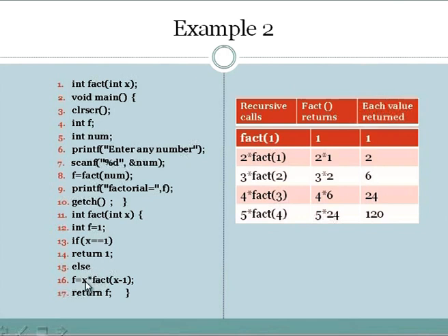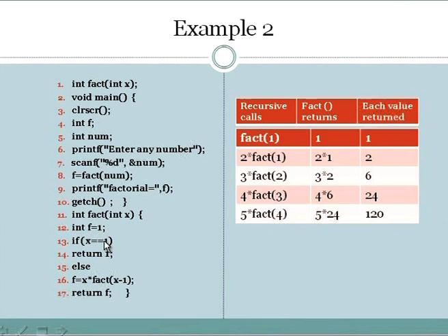Here the current value of x is 4, as you see in the diagram, so the statement will appear as 4 multiplied by the result of fact x minus 1, that is 3. So again the fact function will be called from here, and this statement will remain pending. Again the fact function is called with the value 3.